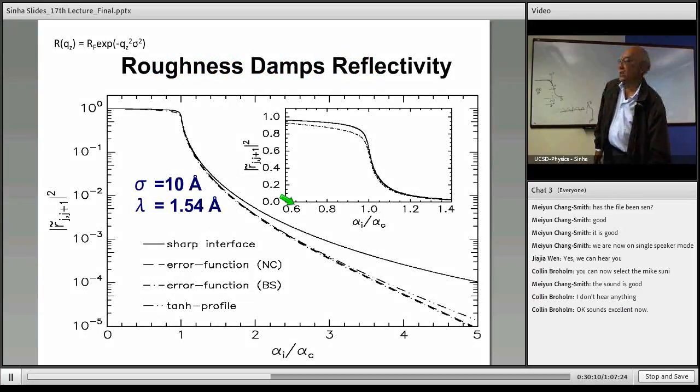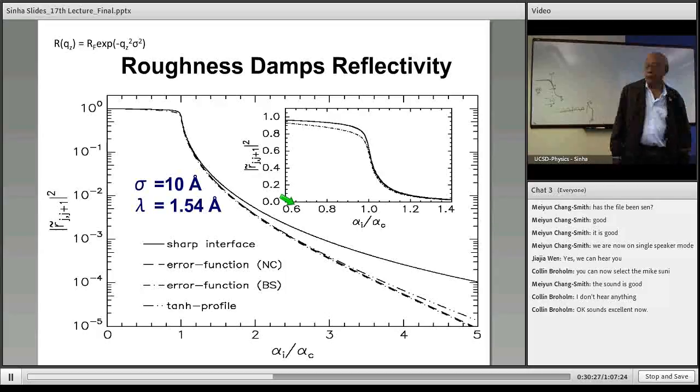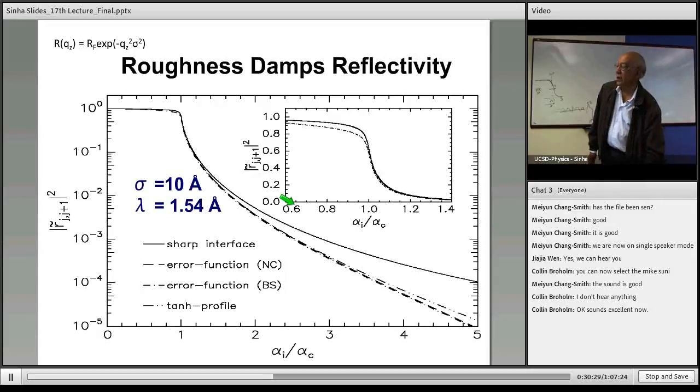So you can see that this is what happens if you want to calculate the reflectivity. Here's the sharp interface, which is the Fresnel curve, the solid line, and all these represent different approximations for the profile when there's roughness present, and one of these is the error function. But they're all pretty much the same. Different types of error functions and a hyperbolic tangent profile pretty much give you all the same results.